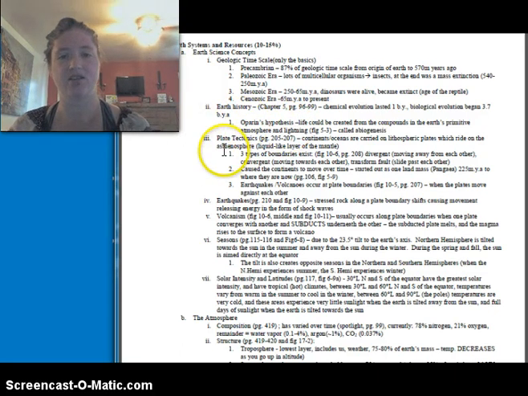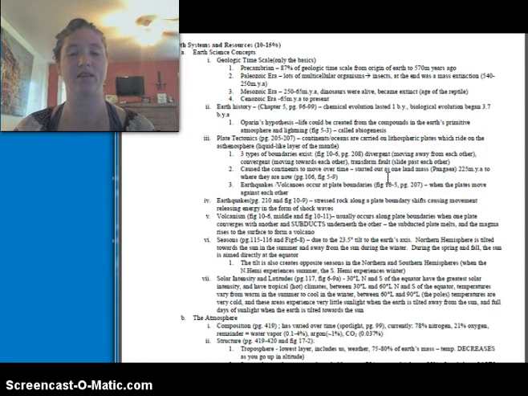Alright, our plate tectonics. Our three types are divergent, convergent, and our transform faults. It causes the continents to move over time. Most of the continents started out as one landmass. When we hear the term Pangaea, that was our big one that had the dinosaurs. Everything was crashed together. We do see earthquakes and volcanoes at those plate boundaries.